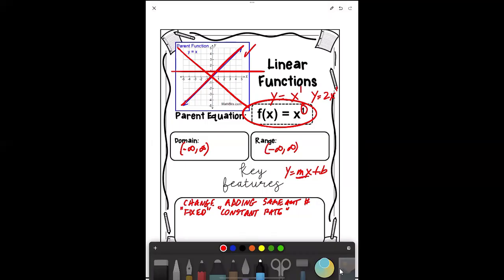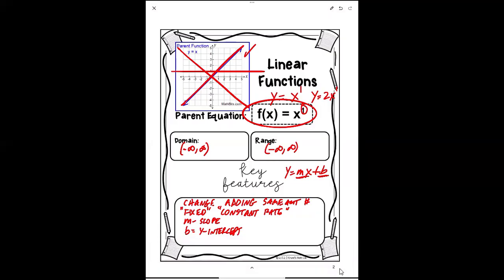That's the coefficient of the x term, and it'll have a y-intercept. So m is the slope, and this is telling you how much the function is changing by. And b is the y-intercept, basically where it crosses the y-axis. Those two things you need to know in order to come up with a linear function.